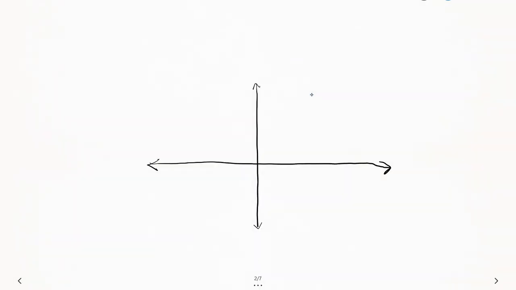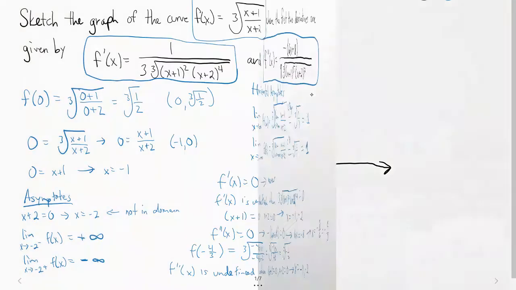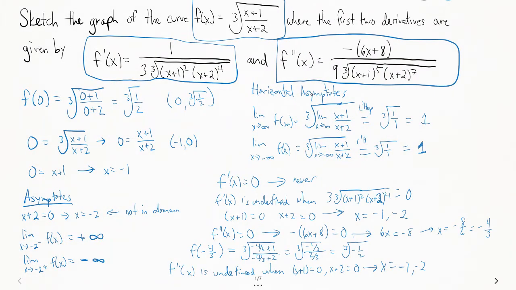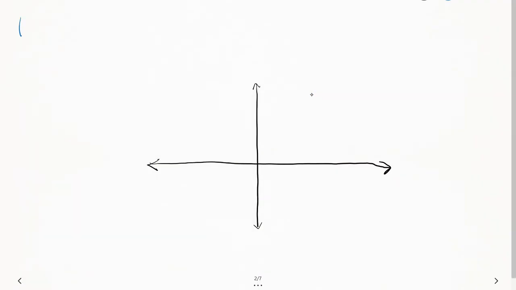Let's go ahead and take a look. So we have our graph set up in terms of what's going on, and let's list some of the things from the previous slide. First thing, we have 0 and then the cube root of 1/2. That's on there. And then I believe we had negative 1 and 0 if we look back.